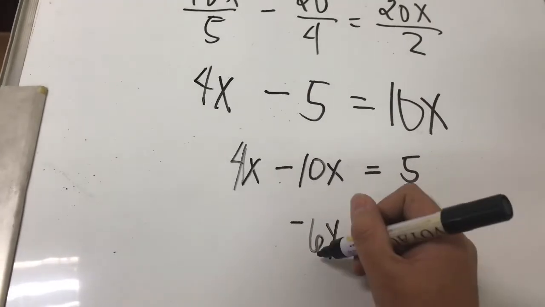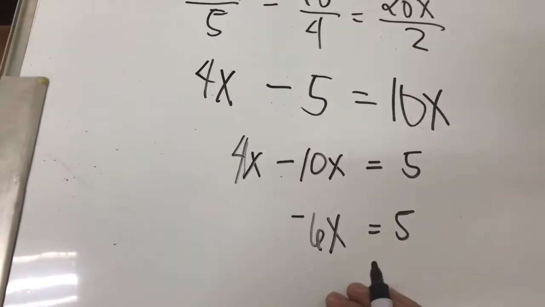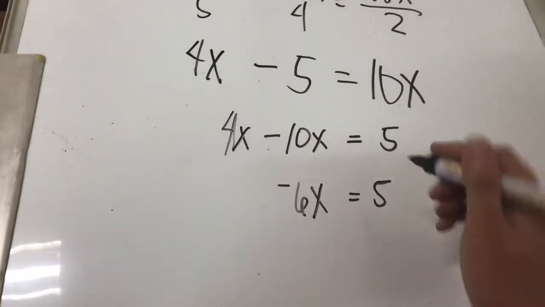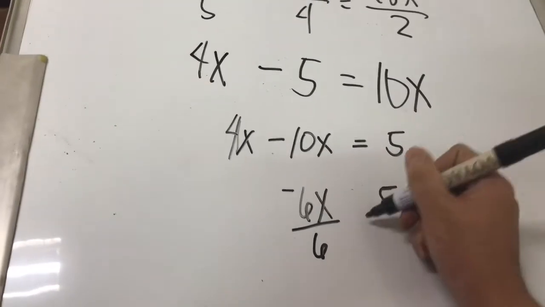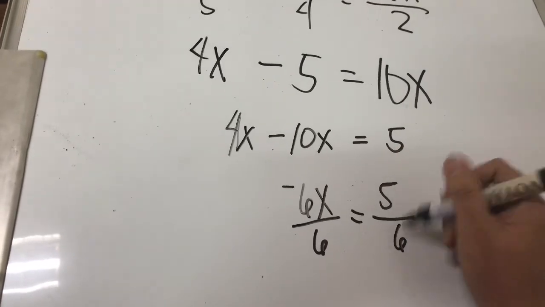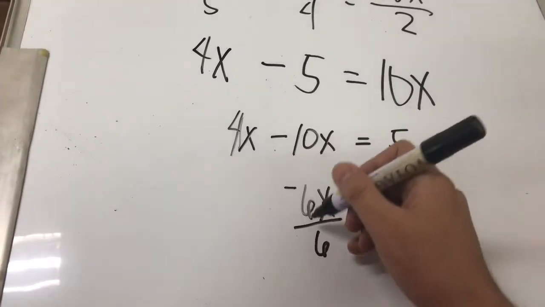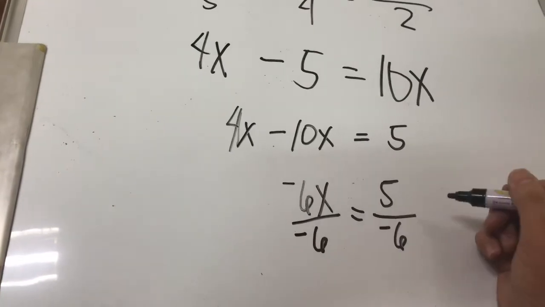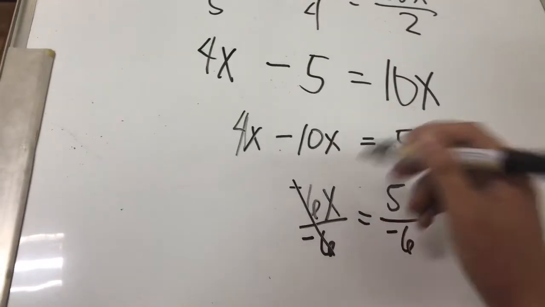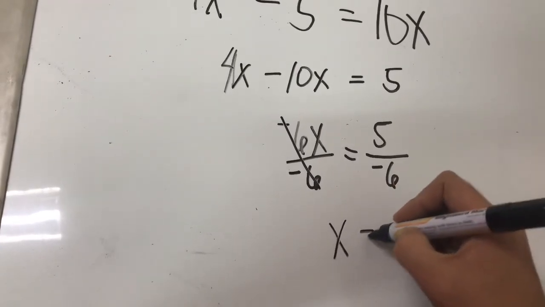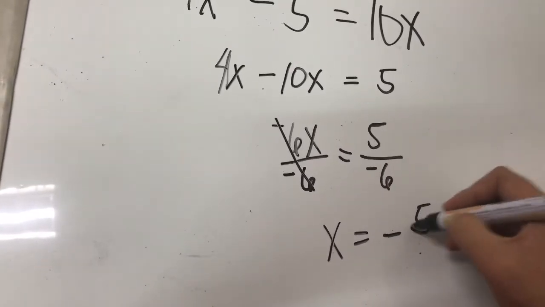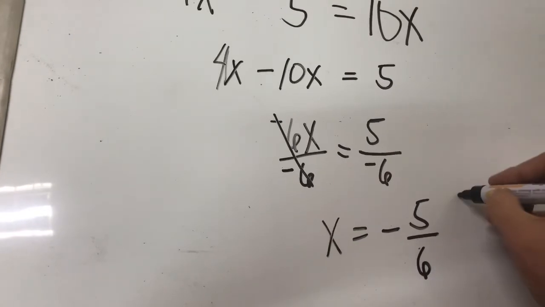Okay? Since para makuha natin yung value ng ating variable x, divide by negative 6 both sides. Cancel negative 6. That's why we arrive the answer, which is negative 5 over 6.